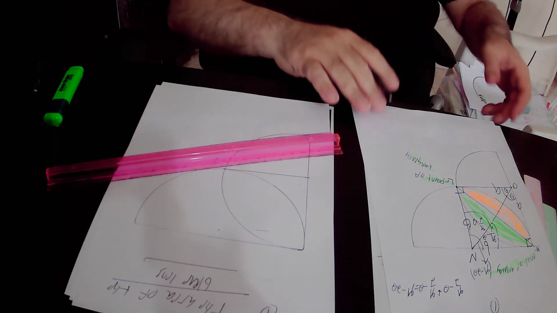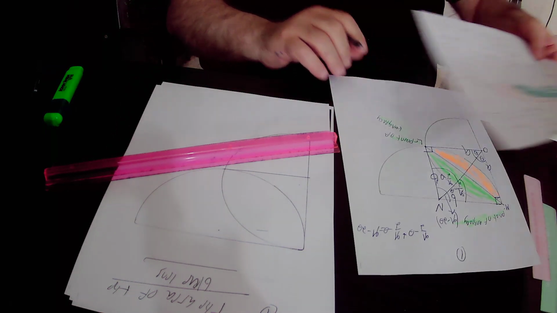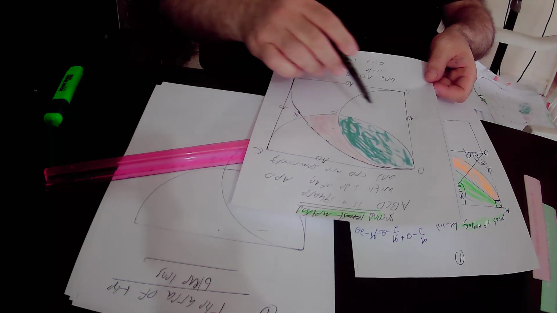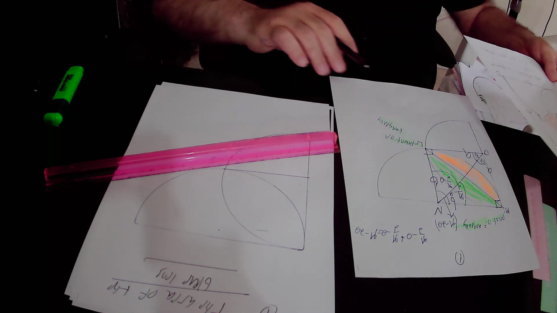I will remind you that the blue lens was created by the intersection of the two semicircles with each other.